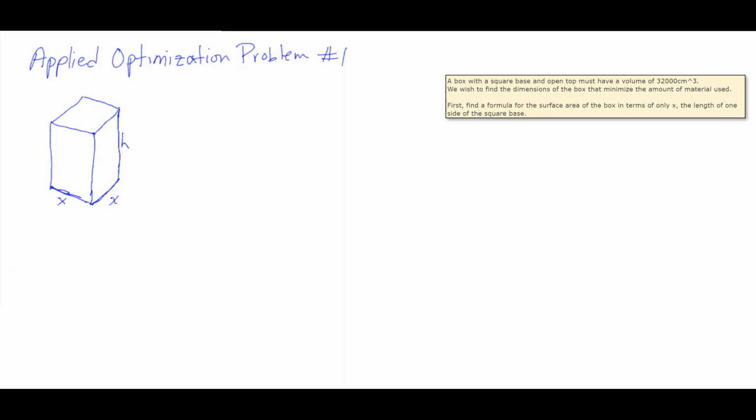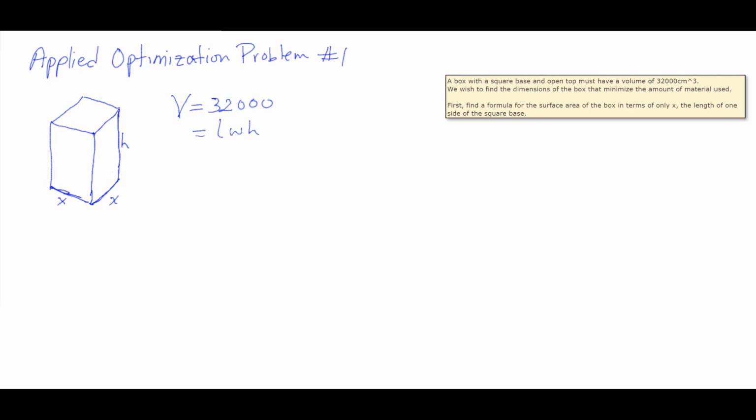Okay, so what we're going to do is, first of all, it gives us some information. It gives us what the volume of the box is, so we know that V is equal to 32,000 cubic centimeters. Well, we also know that the volume of the box must be length times width times height.